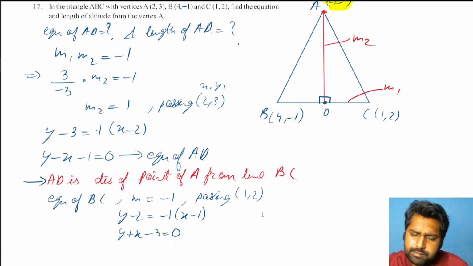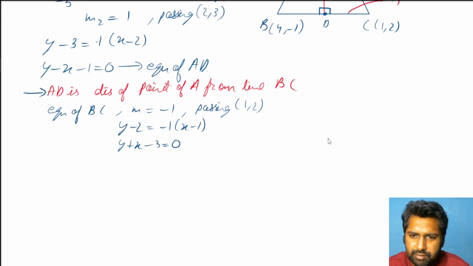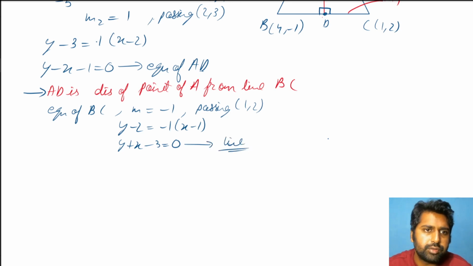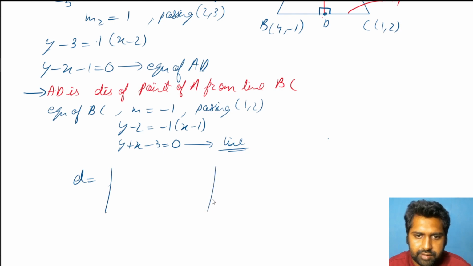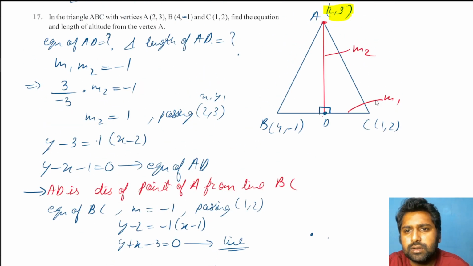Now let's calculate the distance. So you have a line, this is the line, and you have a point from which you have to calculate the distance. How do we calculate distance? Distance is calculated by putting the value of the point. What was the point A? 2 comma 3.